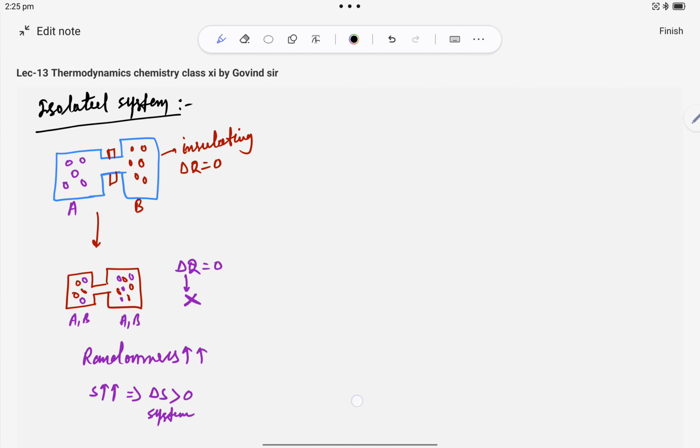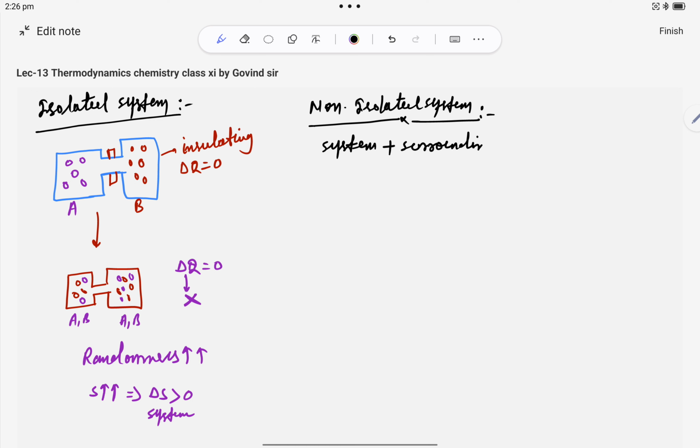Now come to the non-isolated system. Non-isolated system, children, that means system plus surrounding. So here you have to check change in entropy of system plus change in entropy of surrounding is equal to total change in entropy.